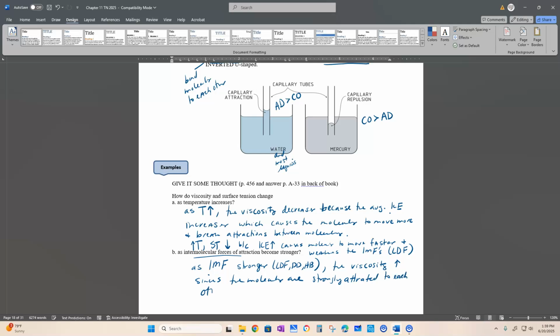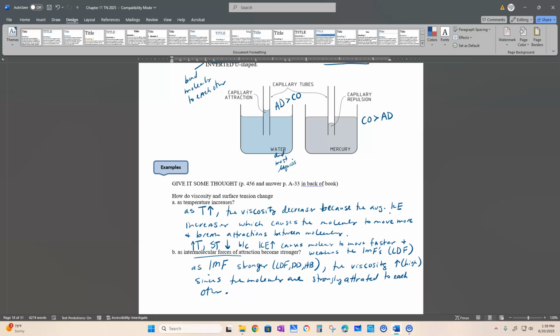You have very strong forces, okay? That means viscosity is really, really high. So instead of increase, we'll say very high, because the molecules are very strongly attracted to each other and they're very close to each other. So it makes it hard to break them apart.